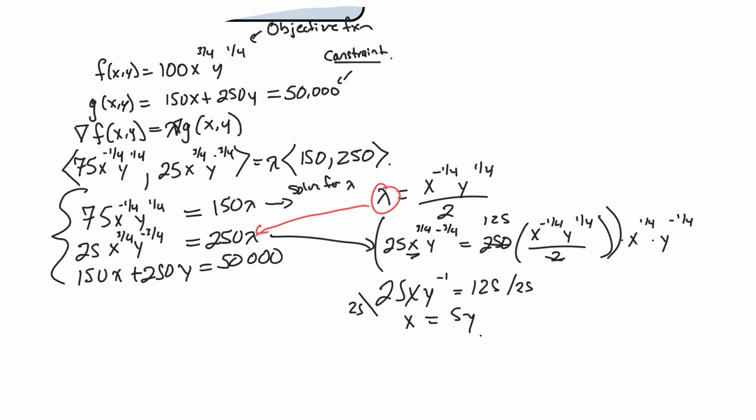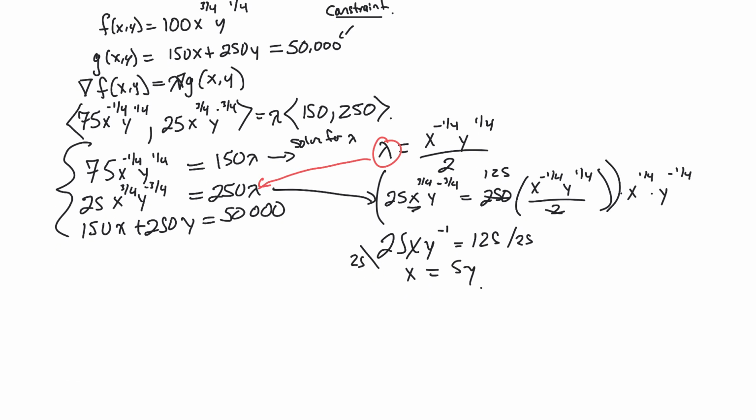So x is 5y. Well, that's great, because remember, we're constrained to 150x plus 250y equals 50,000. So I'm going to replace x there. So 150 times 5y plus 250y is 50,000.